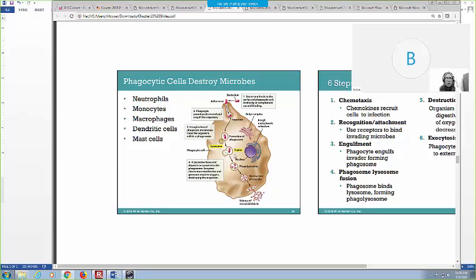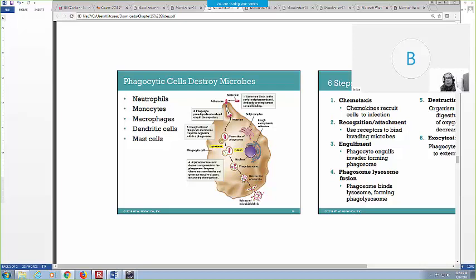So once that fusion step occurs where you get the phagolysosome formation, that's when the contents of the lysosome, as far as the reactive oxygen species, the lower pH, the lack of oxygen, the lytic enzymes, will all help to break down the physical structure of the pathogen, whether it's bacteria or virus.